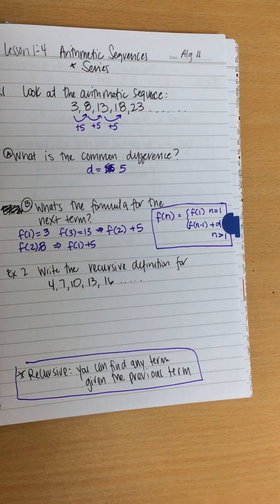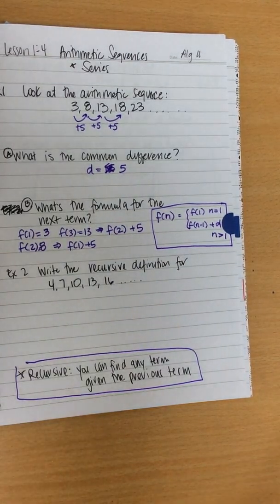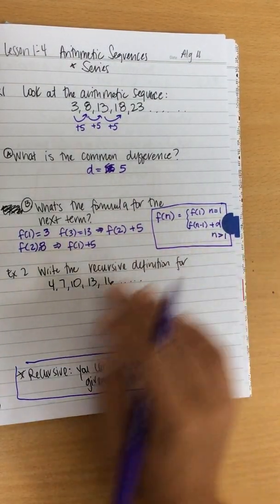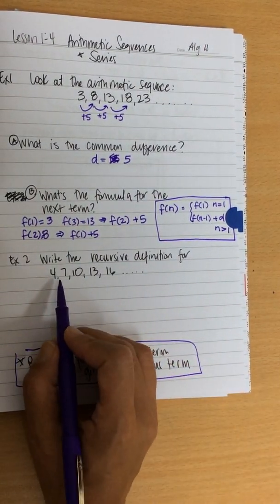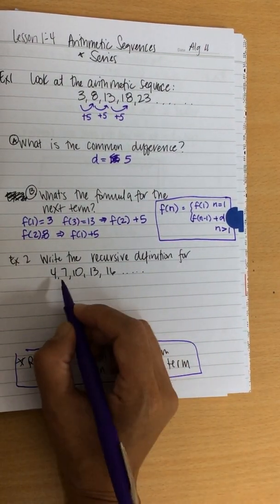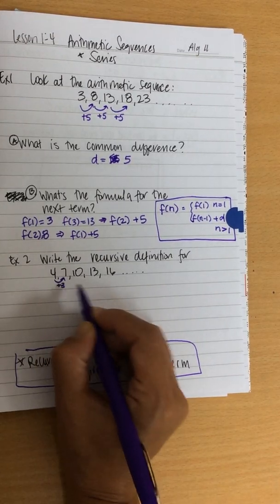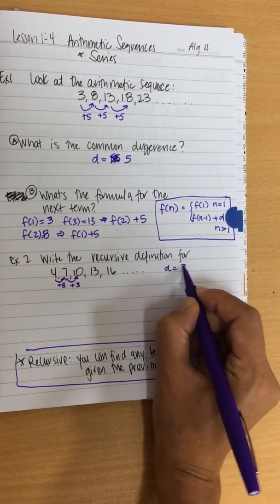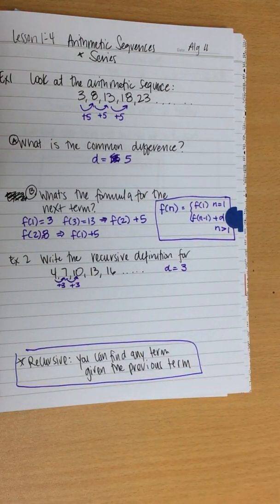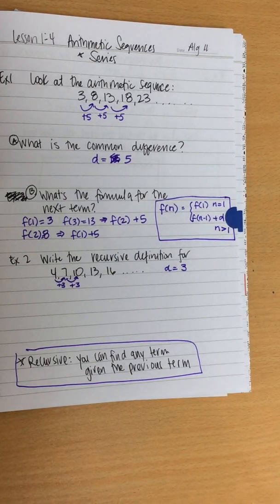All right, so let's figure the recursive definition for this one. So what's happening each time in the recursive formula for this? To get from 4 to 7, I'm noticing that each term is 3 more than the last, right? So the common difference is d, okay?